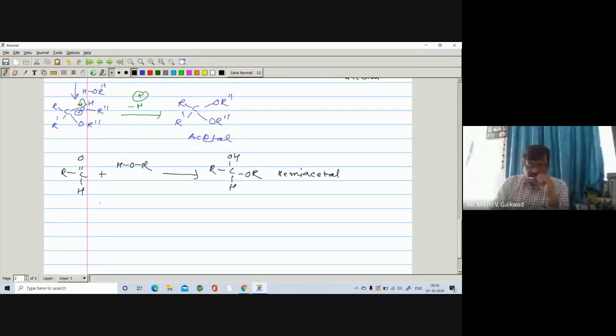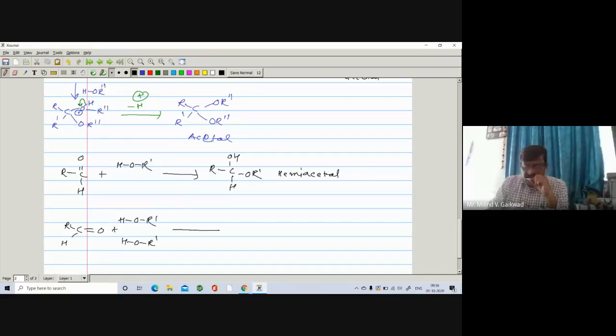Hemiacetal takes place. But suppose you react this molecule with two molecules of alcohol, so R C, here is H, here is double bond O, it reacts with two molecules of alcohol. So here I write R dash and R dash to differentiate between these two.